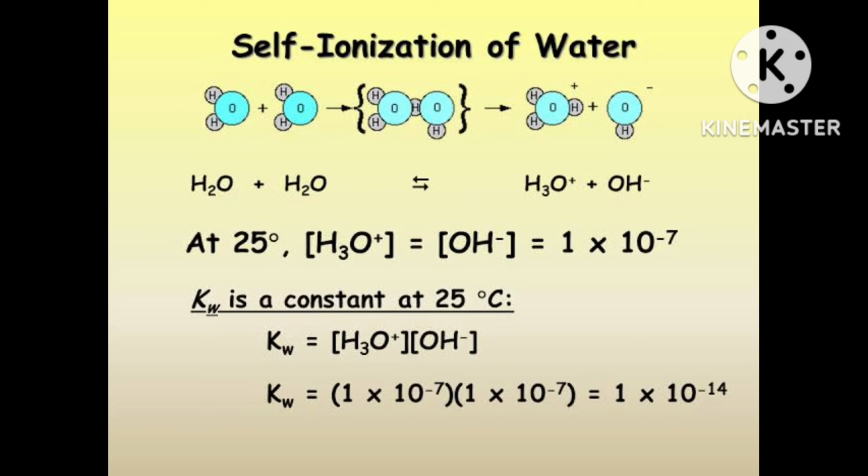Cl is negative and Na is positive, so they react in opposite sign and form NaCl. So HCl plus NaOH, when they react in water, will form NaCl plus H2O.